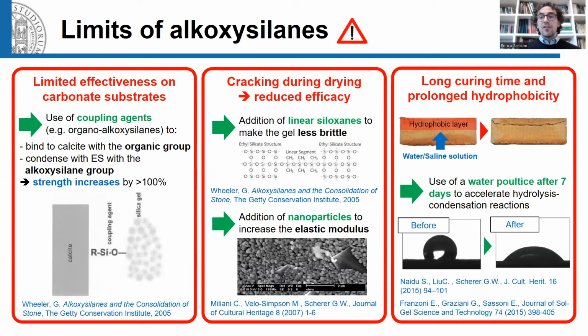However, as I mentioned, in the case of carbonate stones, such as limestone and marble, alkoxysilanes are not as effective, which is why people have proposed the use of coupling agents, compounds that are applied before ethyl silicate with the aim of chemically bonding to the calcitic substrate on the one hand, and then after application of alkoxysilanes, these coupling agents should also chemically bond to the silica gel, and this has been shown to give increases in strength up to 100% compared to the direct application of the ethyl silicate.